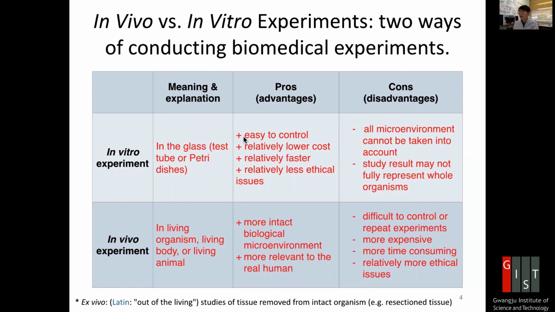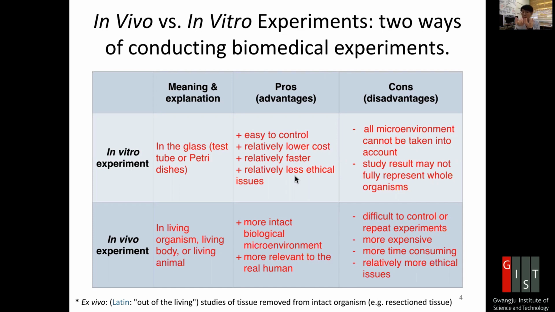So with in vitro experiments, we can replicate the test tube many times, so we can control it easily, replicate easily, and relatively costs are lower. And also faster, you can do experiments in days or weeks. And also these cells were originally derived from a patient, but a long time ago.